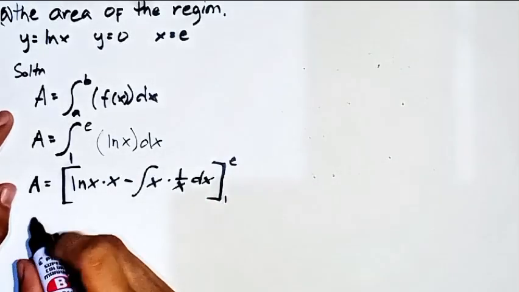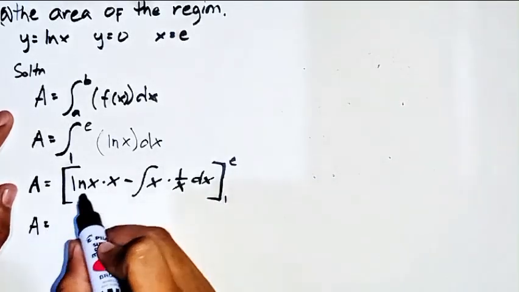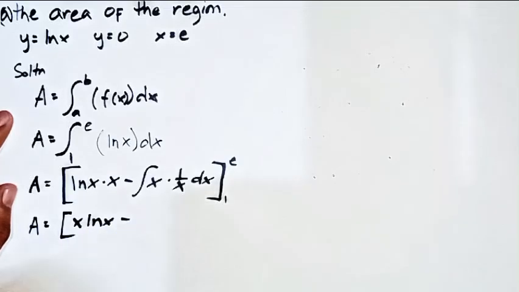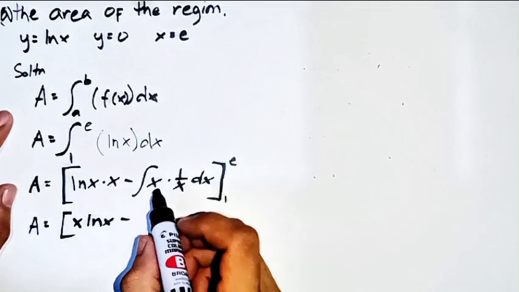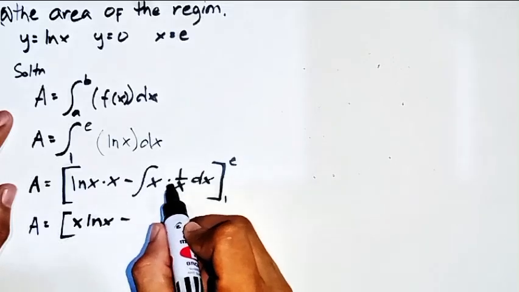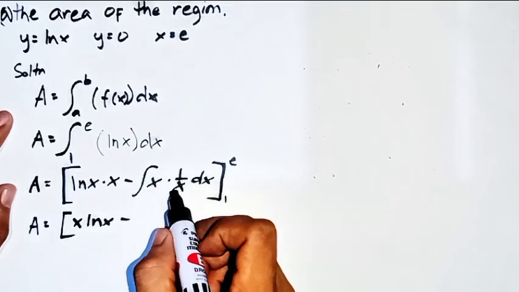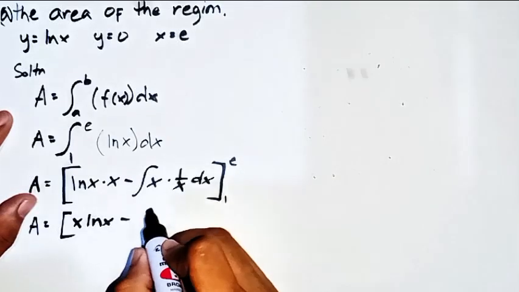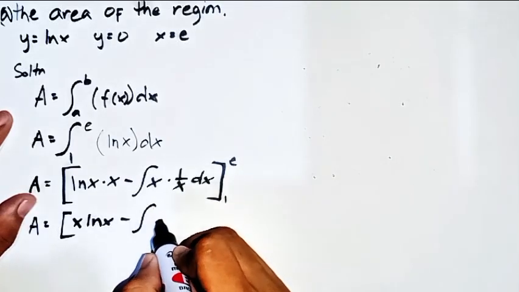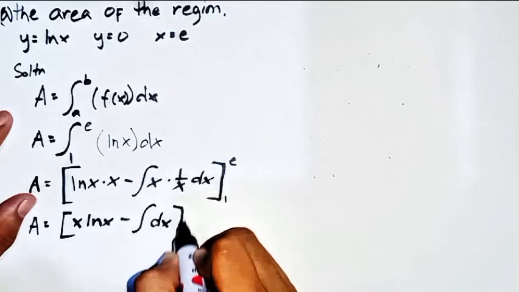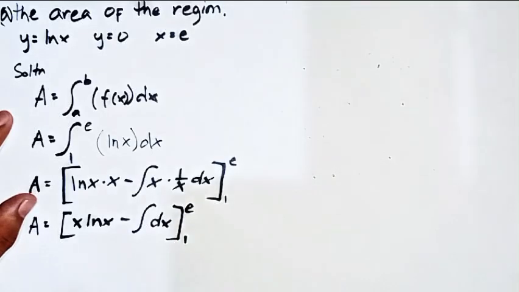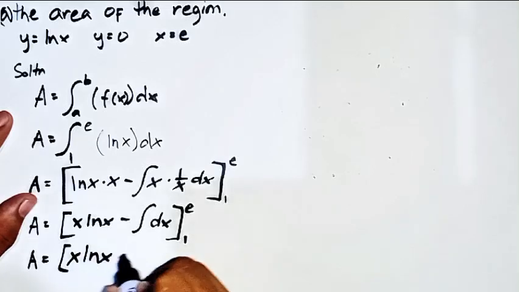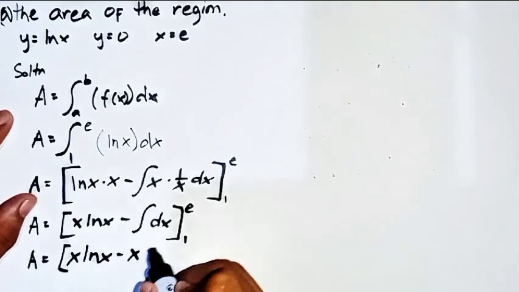Now A is equal to ln x times x, we have x ln x minus, we all know that x times 1 over x is equal to x over x, right? x over x is equivalent to 1. So therefore, the remaining is only dx, or 1 dx. Now, x ln x, and the integral of dx is x, from 1 to e.